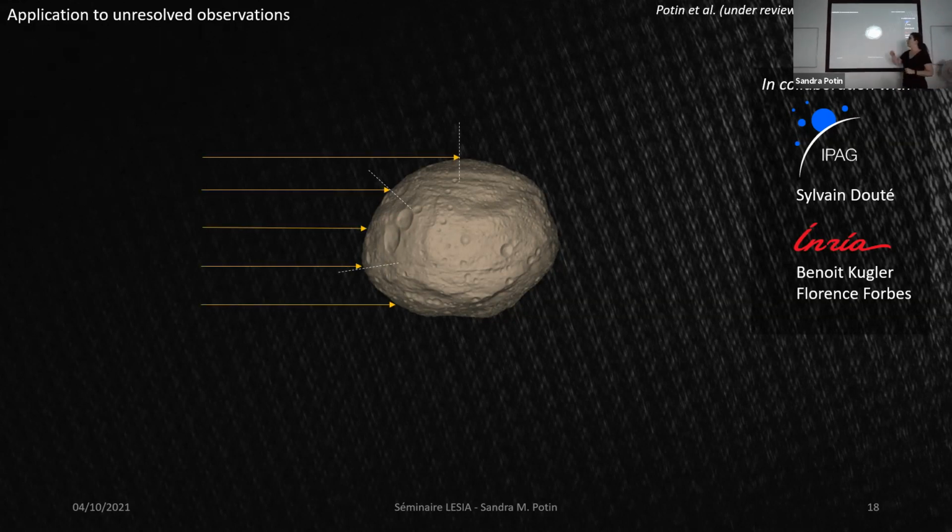If the sunlight arrives from this direction, and we are here on the asteroid, the sunlight is at the top, so this area here is illuminated under nadir illumination. But if we are on the pole of the asteroid, we receive the light under grazing illumination. So we have a variation of geometry also due to the shape of the asteroid.